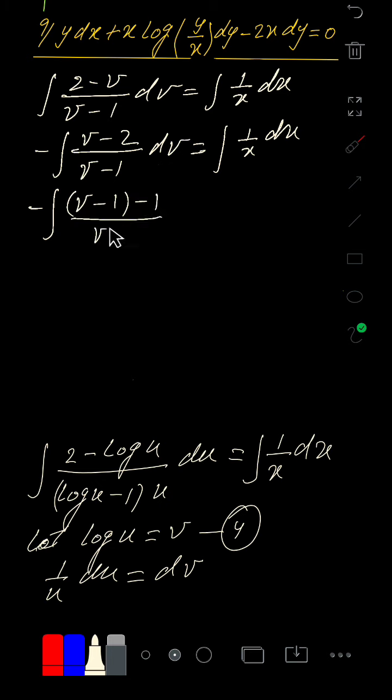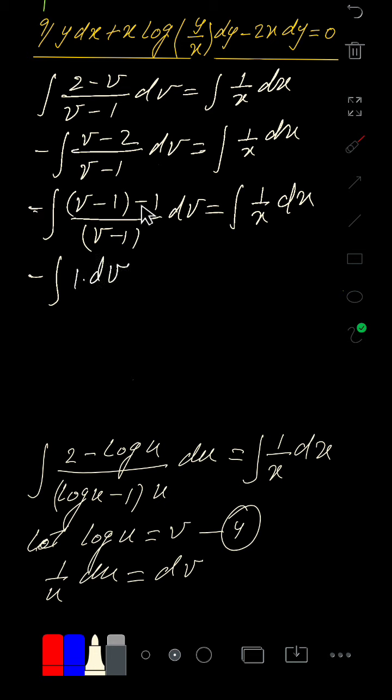divided by v minus 1 dv is equal to integral 1 over x dx. Minus integral, (v minus 1) upon (v minus 1) becomes 1 dv, and minus into minus becomes plus, integral 1 upon (v minus 1) dv is equal to integral 1 over x dx.